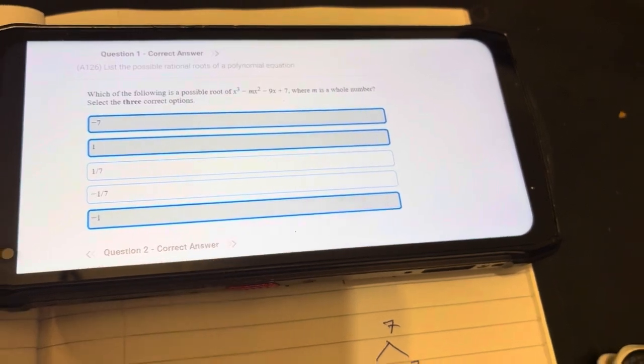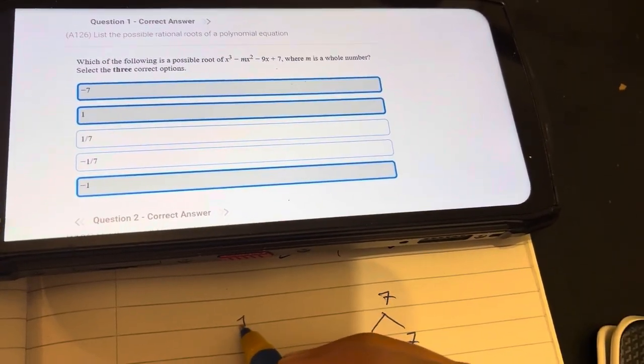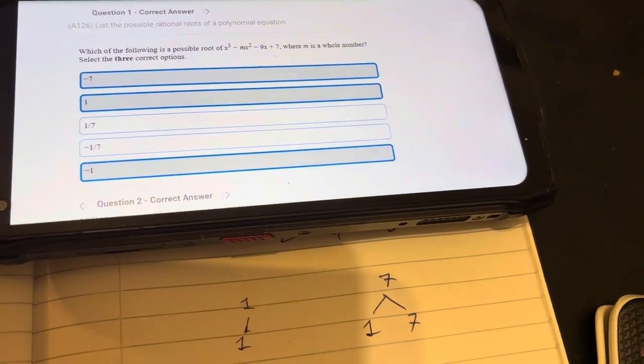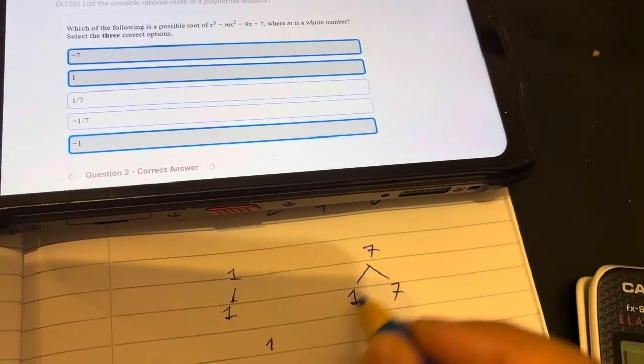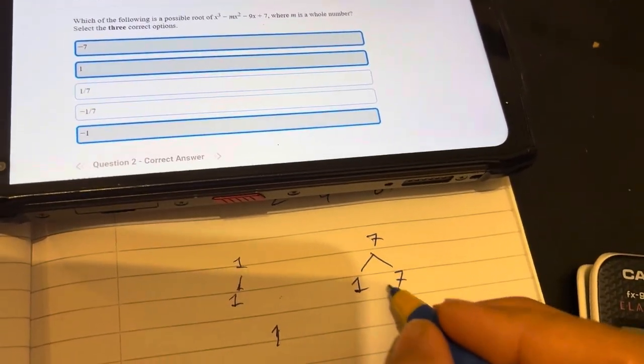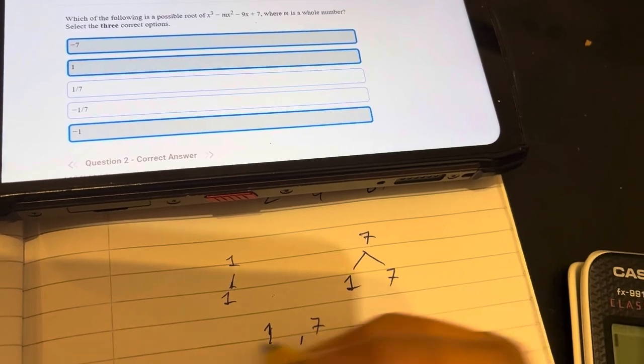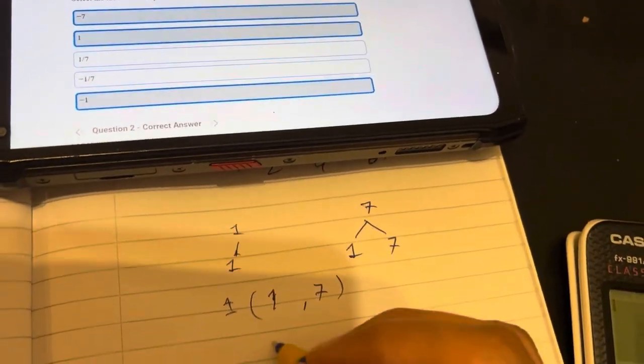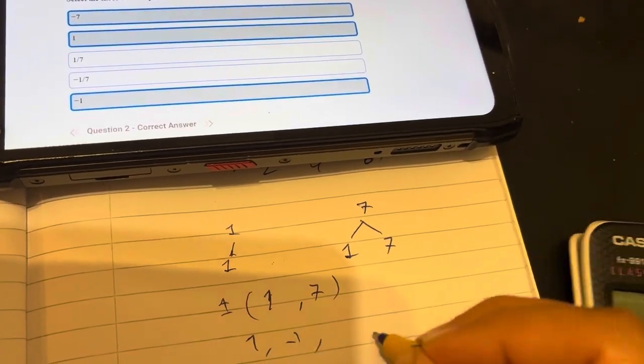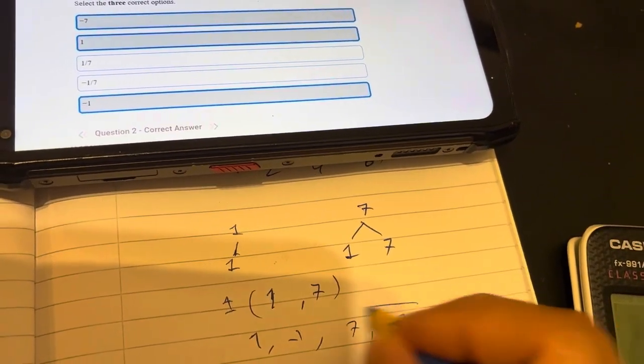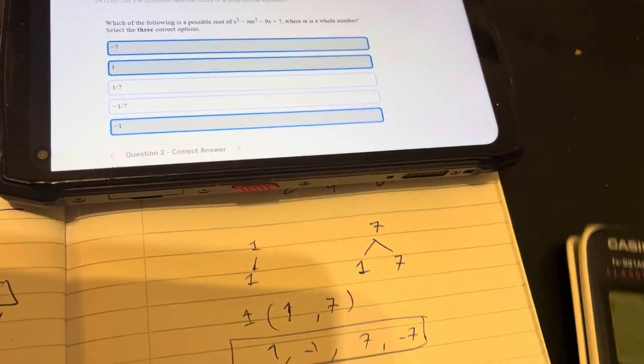The coefficient of x to the power of 3, which is the highest one, is 1, and the factor of 1 is 1. So I have the possible roots 1 over 1, which is 1, or 7 over 1, 7, plus minus. So it's 1, minus 1, 7, and minus 7. These are your possible roots.